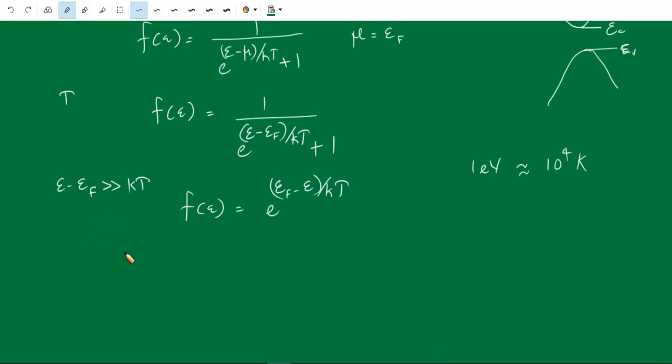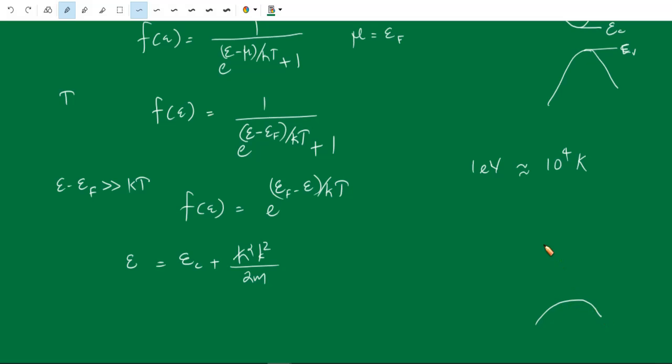Now the energy of an electron in the conduction band is given by E is equal to EC plus the kinetic energy, h cross square k square by 2m. So this is the energy of the electron in the conduction band.